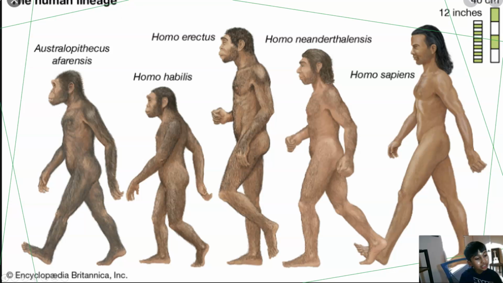And this happened because when we started building houses and everything, predators wouldn't attack us because we had shelter. Why would predators go into our shelter?